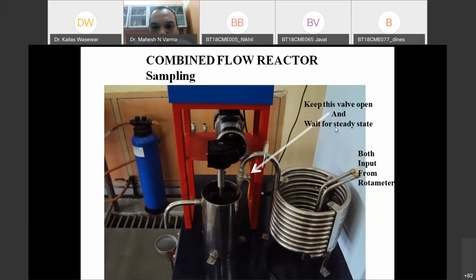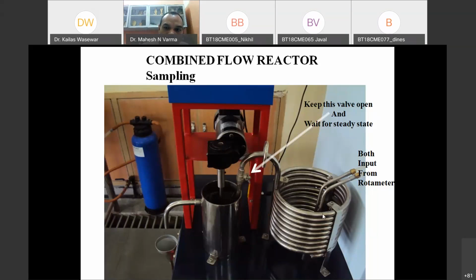How long you will wait for steady state depends on the volume of this PFR and CSTR; you will calculate the residence time. What is the total residence time for this PFR and CSTR? You will wait at least 1.5 times the residence time. Say the residence time is around 1000 seconds for both.